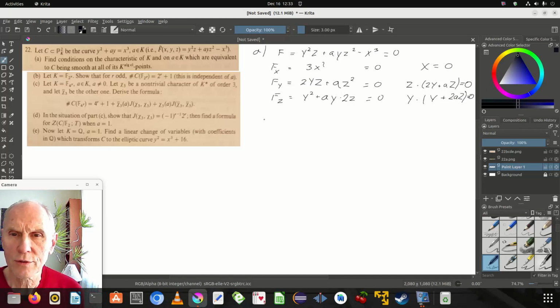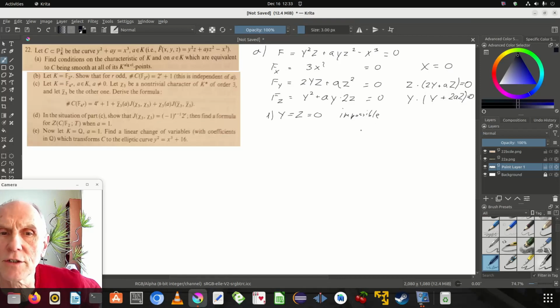That gives certain possibilities. Just going through one: y equals z equals 0 is impossible, because x vanishes as well. We can't have all vanish.